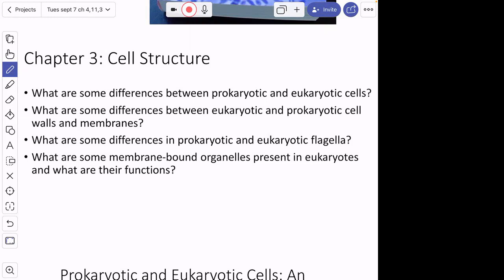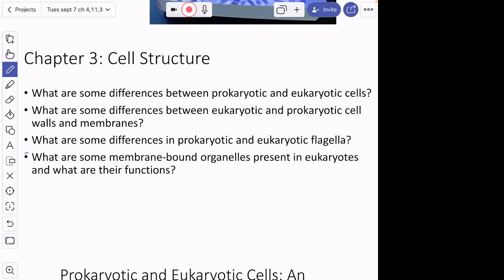So what things are we going to be talking about? The difference between prokaryotic and eukaryotic cells, which should be reviewed. We're going to move through that pretty quickly, but we're going to run through a prokaryotic cell, mostly focusing on bacteria here, looking at all the structures, and then we'll run through some eukaryotic cell structures and functions.